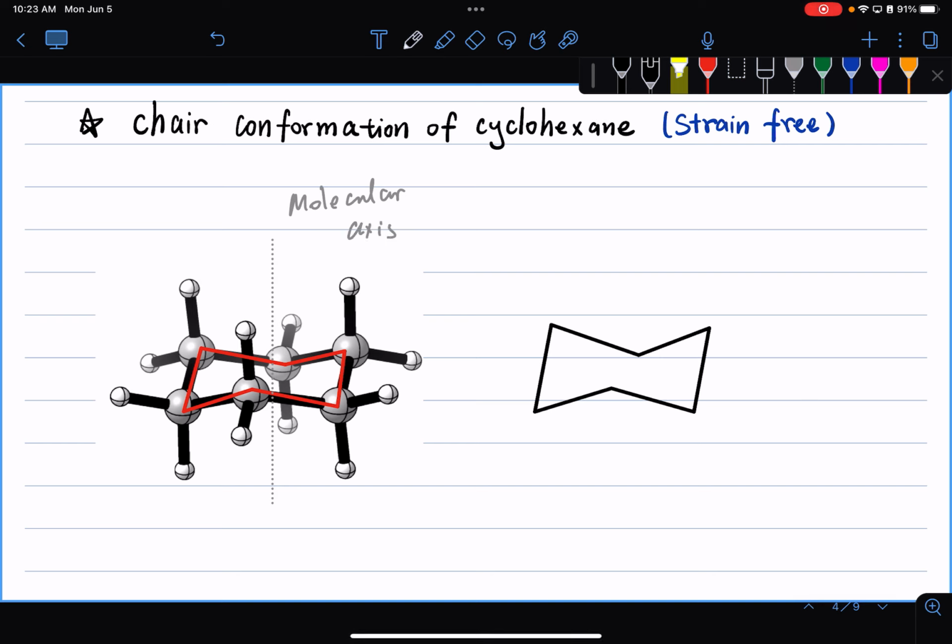If a hydrogen is parallel to that molecular axis, we draw it either up or down.